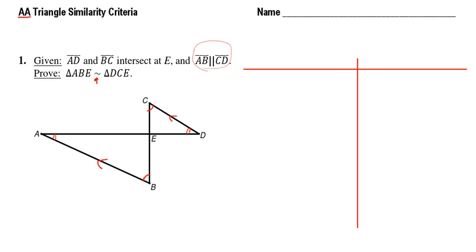You don't need all three. Although if you have two pairs of angles that are congruent, the third pair is also automatically congruent, but you don't really need to say that. That's why we only use two, because the third one is automatically congruent. So we already have angle, so we are ready for the proof.